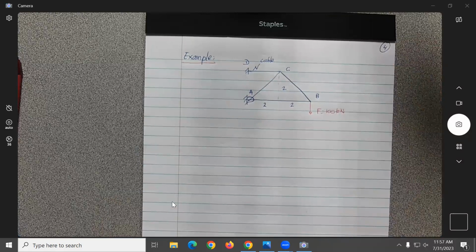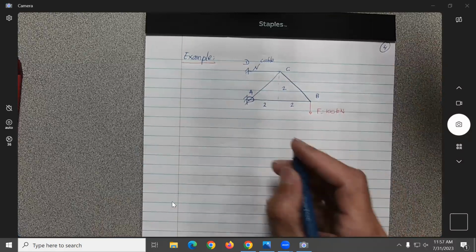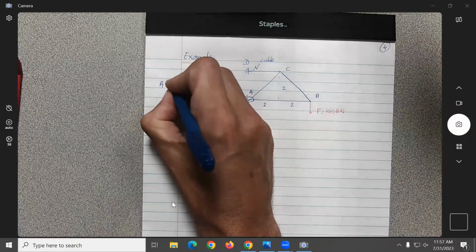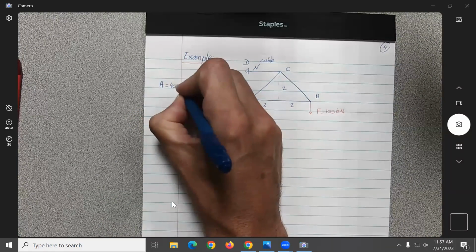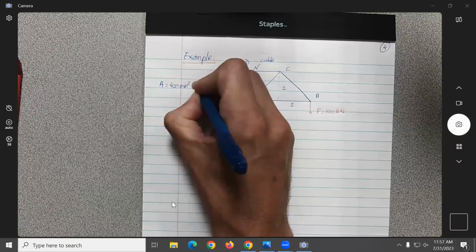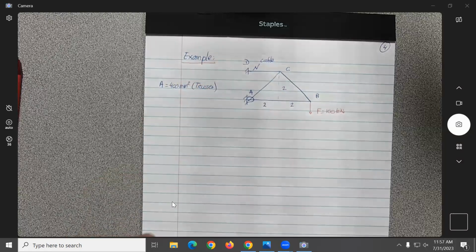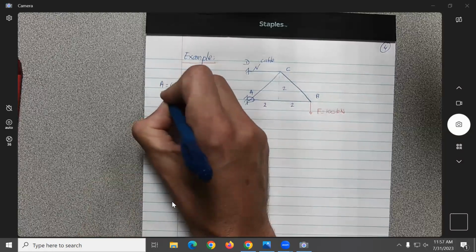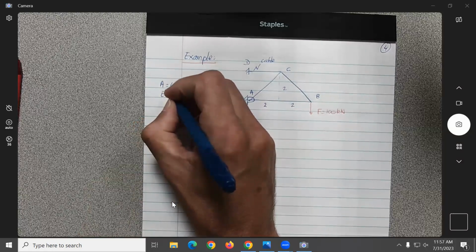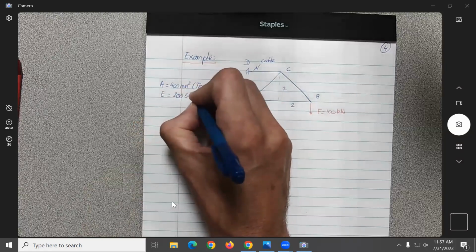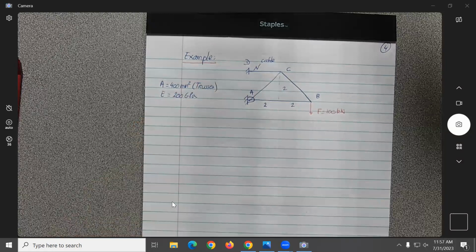All right, so each truss has a cross-sectional area of 400 millimeters squared. So this is each one of the trusses. And all the members have a modulus of elasticity of 200 gigapascals.